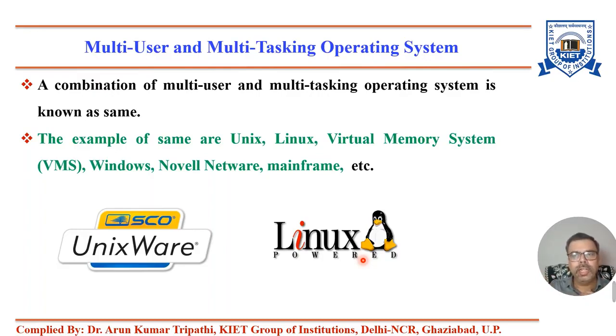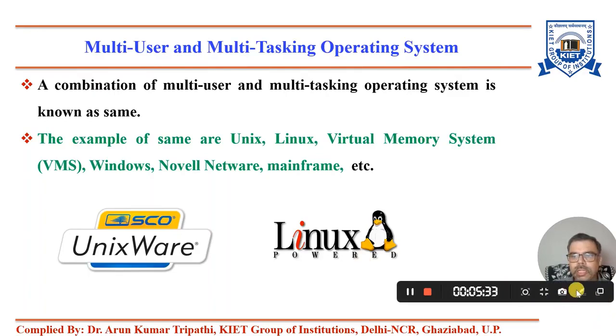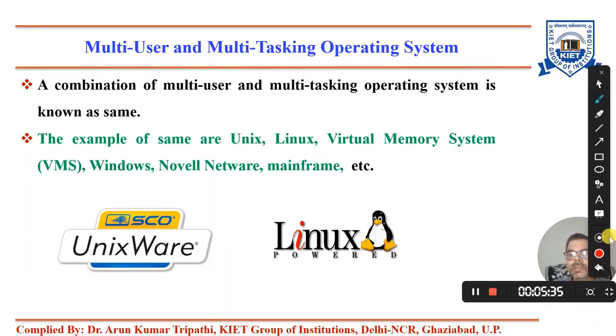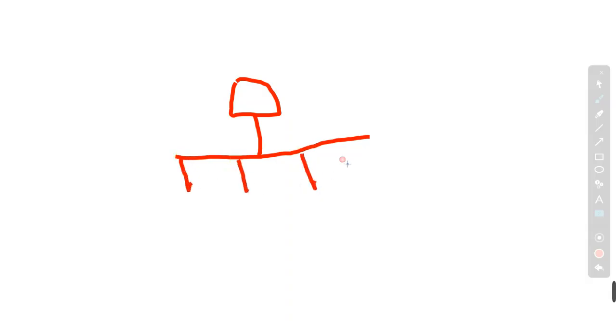In another way, if I am talking about the client server version, this is the server, suppose a railway reservation server, and there may be more than one client terminal. This is client terminal C1, this is C2, this is C3, and this is C4.